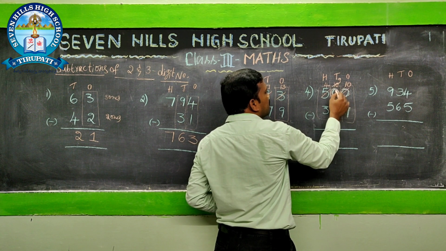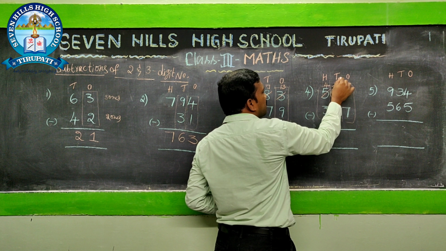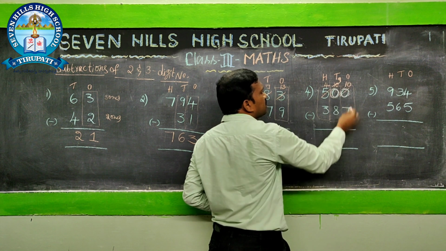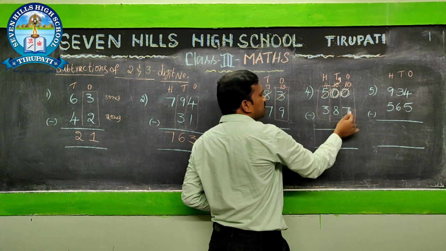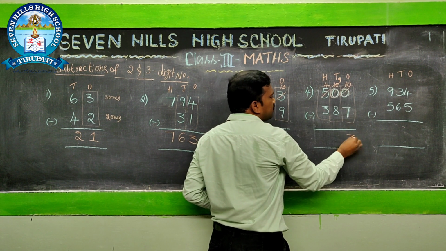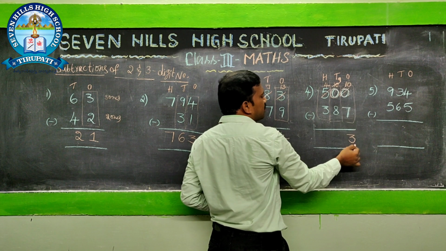Then 1 is given from the tens, so this is 10 and this one becomes 9. Now 10 ones minus 7 ones becomes 3.